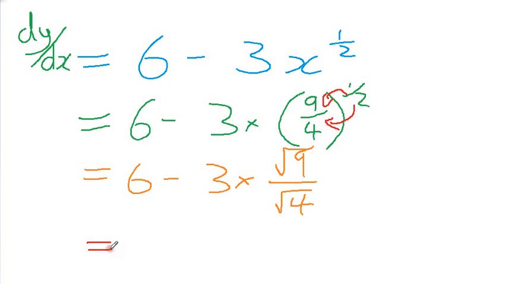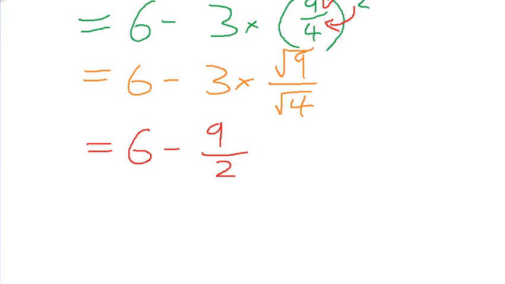So let's do that then. So minus, root of 9 is 3, 3 times 3 is 9, and the root of 4 is 2. So 6 minus 9 over 2. 6 minus 4.5 is going to give us 1.5, 3 over 2.